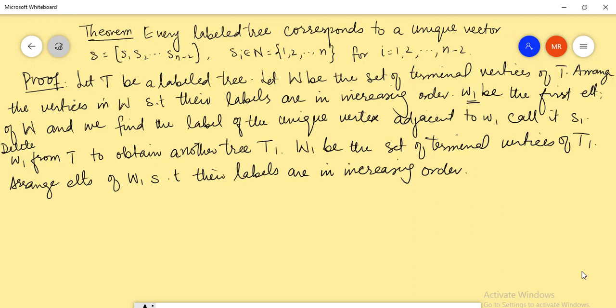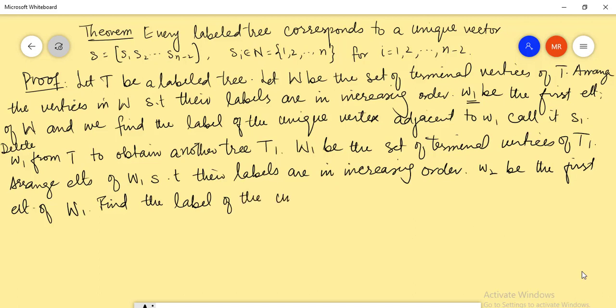And assume W2 is the first element of W1. And once again, as previously done, we find the label of the unique vertex adjacent to W2, and we call it S2.